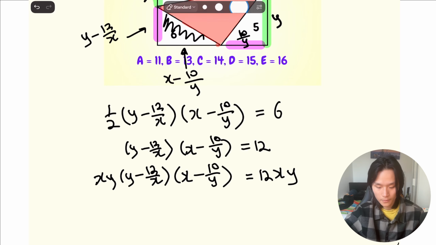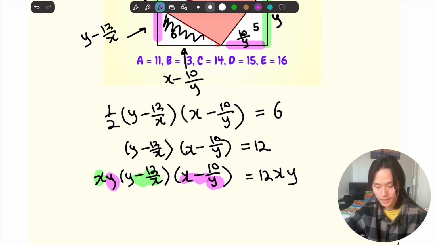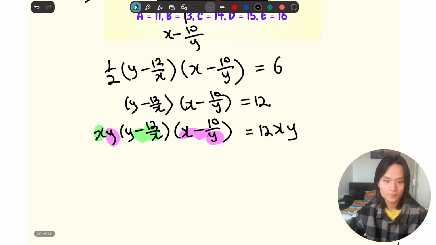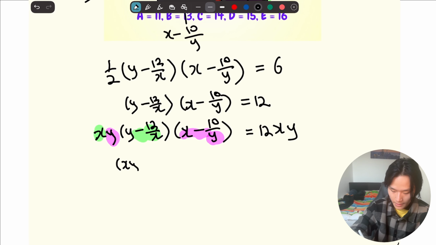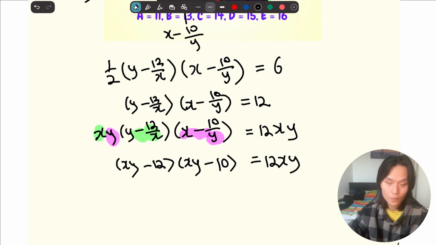So what we want to do is to put the y here and then put the x within this. So if we simplify that, we have xy minus 12 and xy minus 10 equals 12xy.